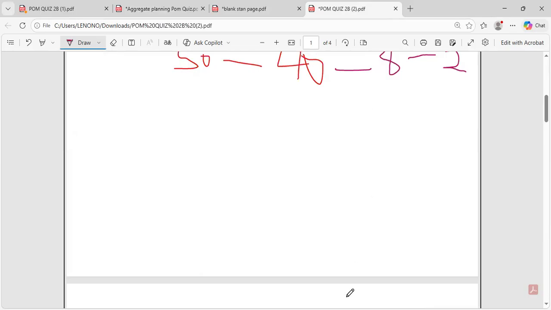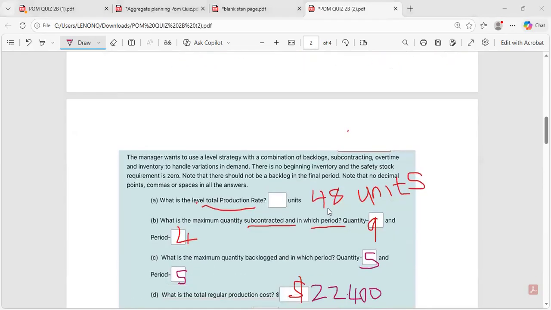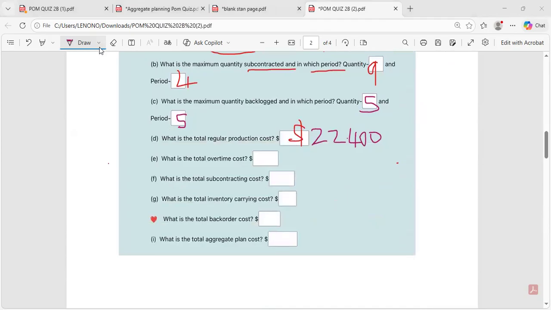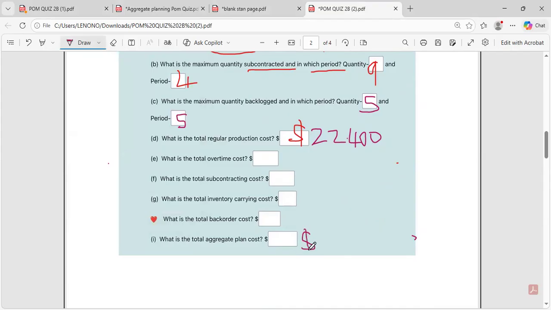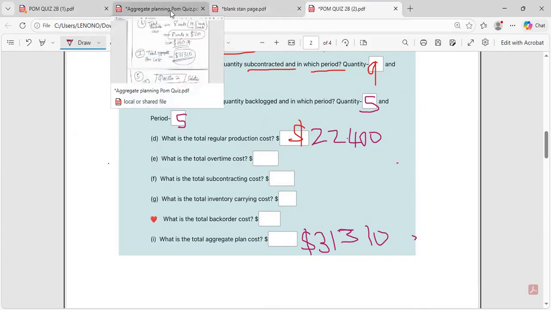So 31,310 is the cost of this one. These other costs were already sorted out. So this is how the costs were obtained.